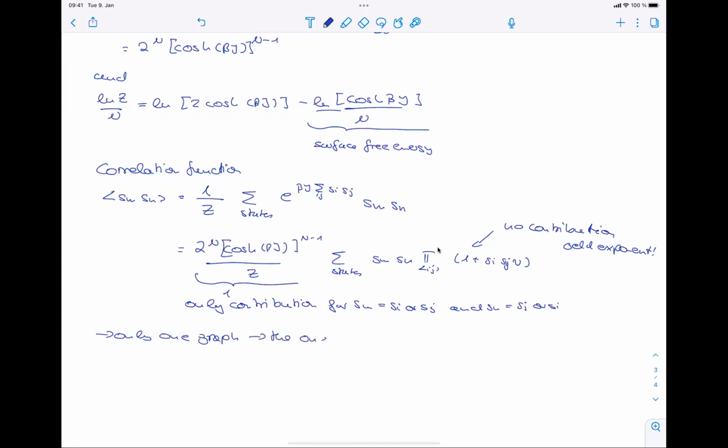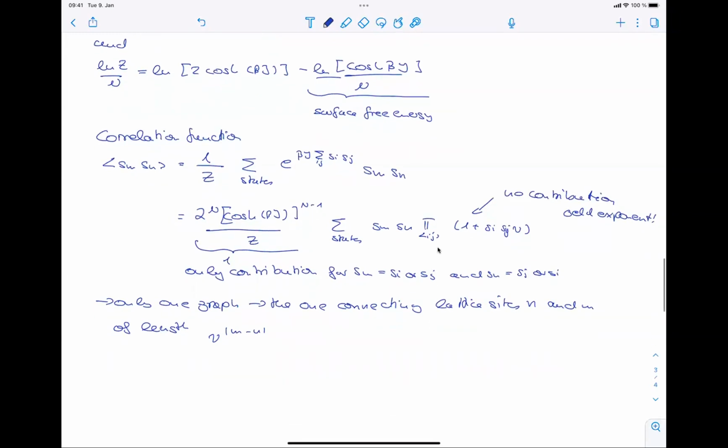The one connecting lattice sites n and m, and it's of length, remember, we always have the exponent of v being the length of the graph. That's then |m − n|, because it doesn't matter in which order I have m and n.